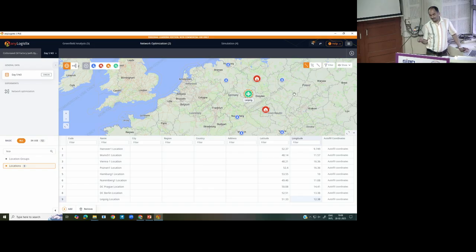Meanwhile, you can start adding other details, the demand, transportation cost, everything, whatever the data is given, define those parameters.